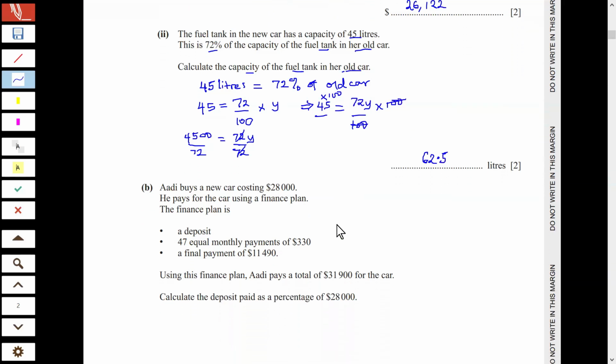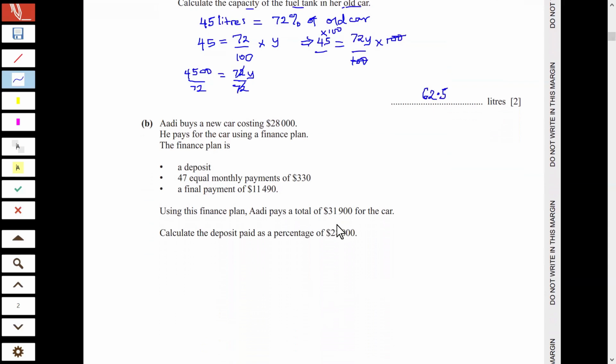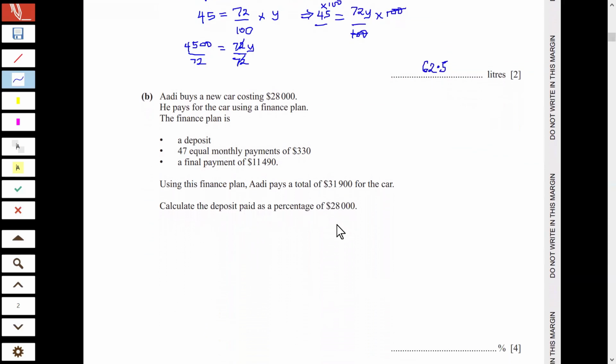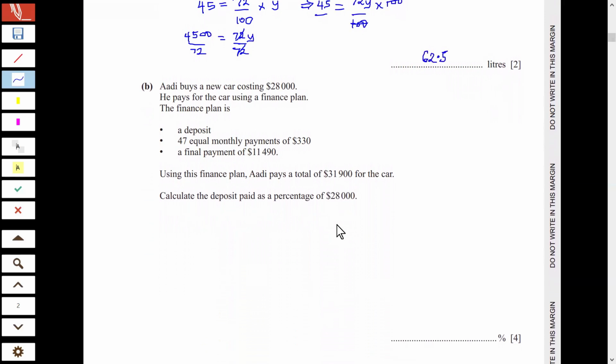So the next question, question 1B. Avi buys a new car costing $28,000. He pays for the car using a finance plan, and the finance plan is as follows: a deposit, 47 equal monthly payments of $330, and a final payment of $11,490.